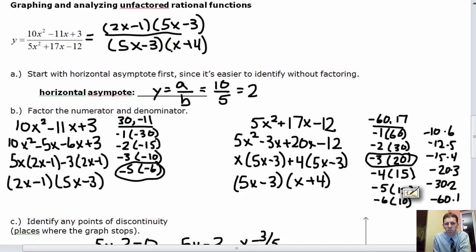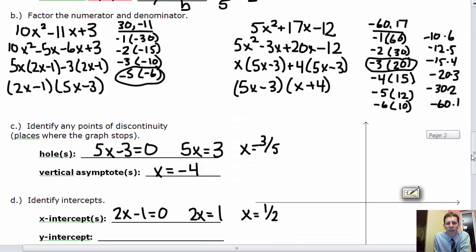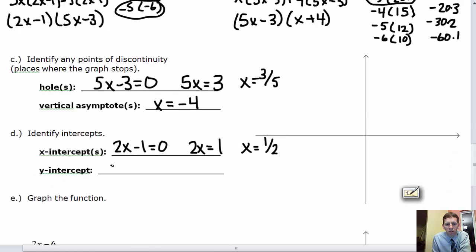I think the easiest way to do this is to go back to the original expression, not the factored one. Because if you plug in 0 for all of these x's, all of these terms are going to cancel out because you're multiplying by 0. All you're going to be left with is a positive 3 over negative 12. And that's your y-intercept. You can reduce that value, 3 over negative 12, to negative 1/4.